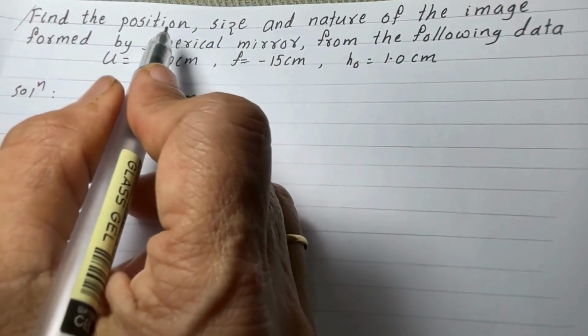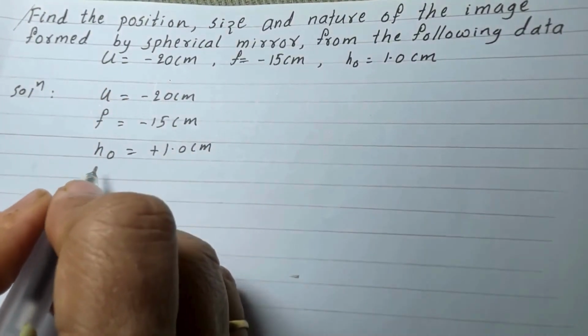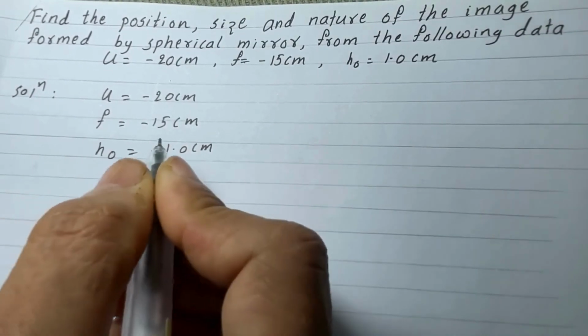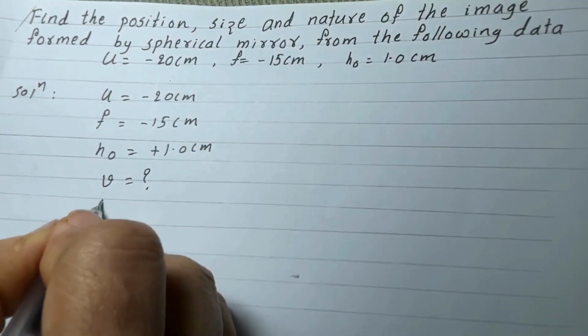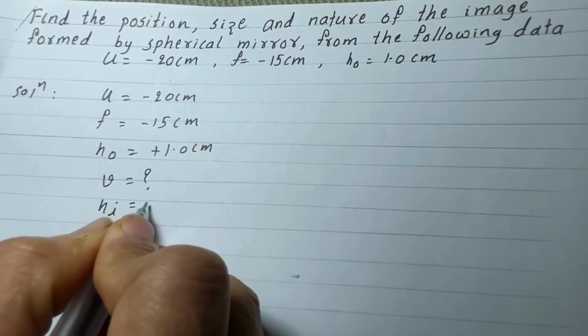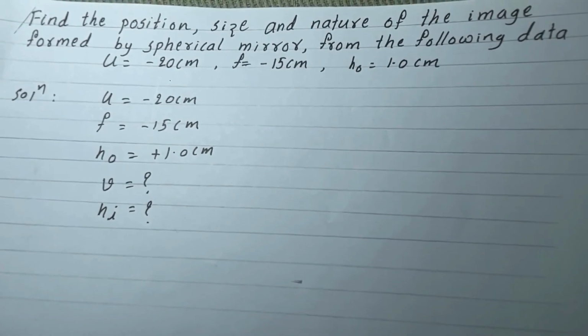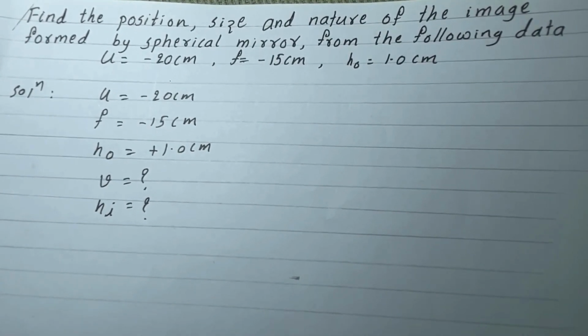And what we have to find out? The position of the image, that is v is equal to how much, and the size of the image, the height of the image is equal to how much. And we also discuss the nature of the image formed.